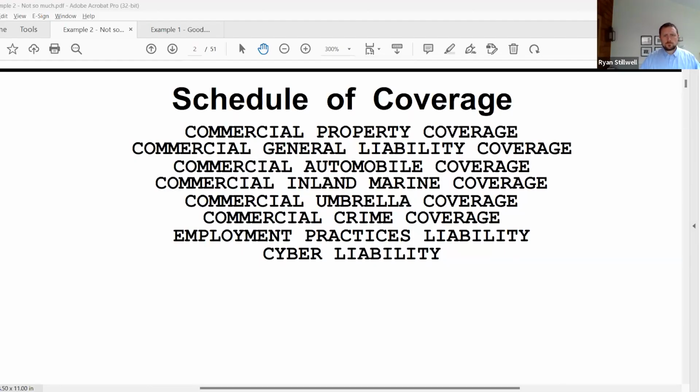So I'm going to bring up some examples here to take a look at. So here what you see is a snapshot of a policy declarations page, right? And you can see here your schedule of coverage, and it lists a whole lot of policy coverage areas. See at the bottom here, cyber liability.